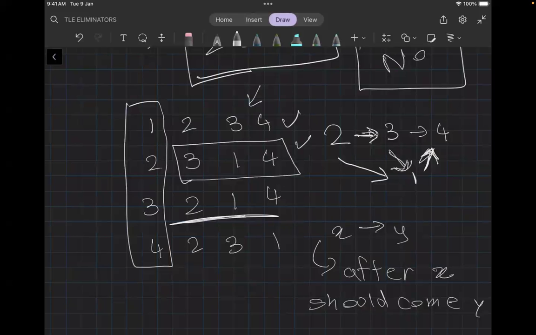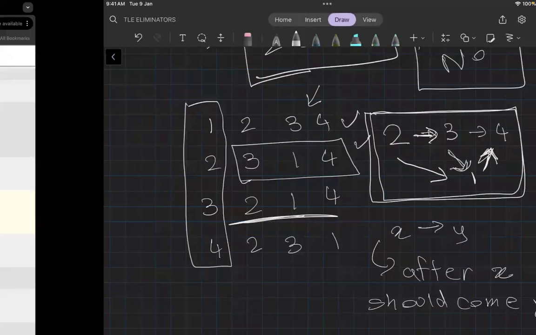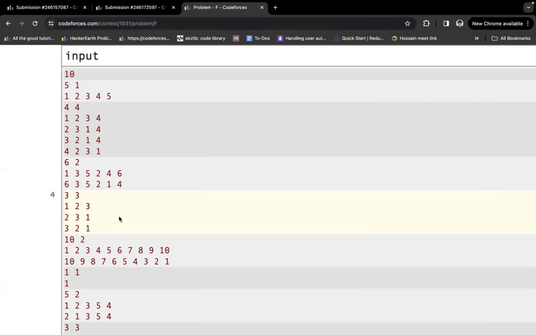So this is what we have created. We have created a graph of the conditions given. Is this much clear, guys? We know that after every element, what element should come.